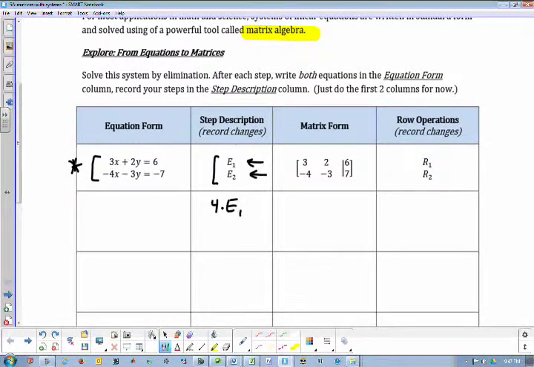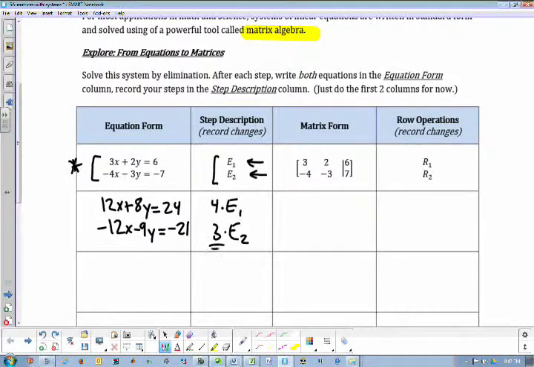Well, if we multiply the first equation by 4, we get 12x plus 8y. Got to multiply everything now, right? Equals 24. Now let's multiply the second equation by 3. 3 times E2. Well, that's going to give us -12x minus 9y equals -21.